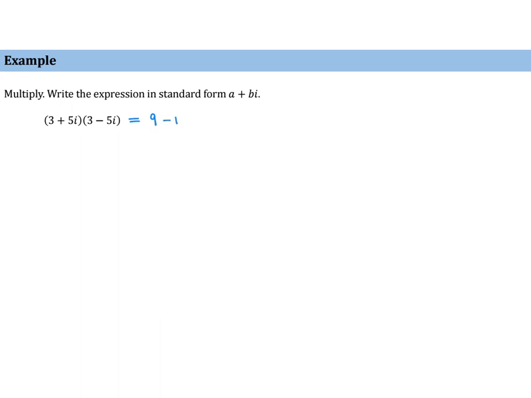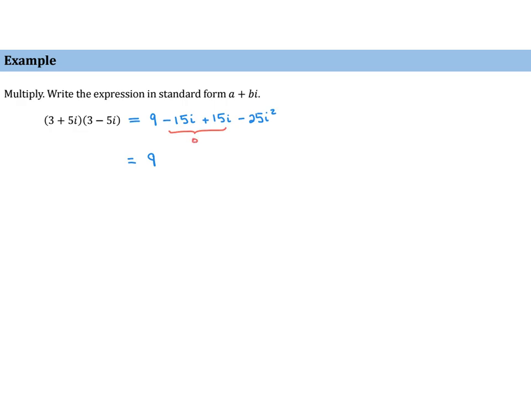Outside will be -15i. Inside will be +15i. And then finally, we have minus 25i squared. So we have 9. And then you'll notice that the -15i plus the 15i, that's just 0.